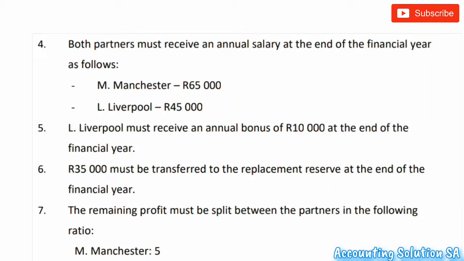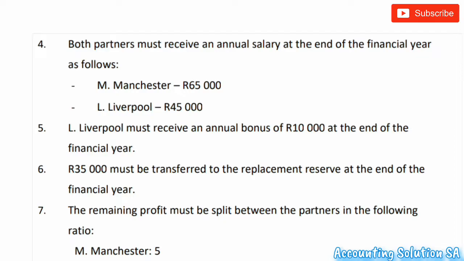Number 5. They said Liverpool must receive an annual bonus of 10,000 at the end of the financial year. They also said 35,000 must be transferred to a replacement reserve at the end of the financial year. What is a replacement reserve? It simply means that this amount of 35,000 we are not going to allocate when we allocate the remaining profit, because they are reserving this amount for a different purpose.